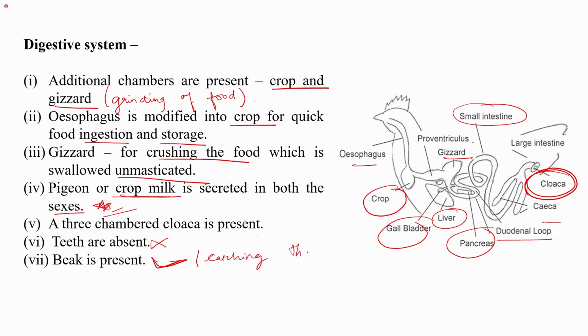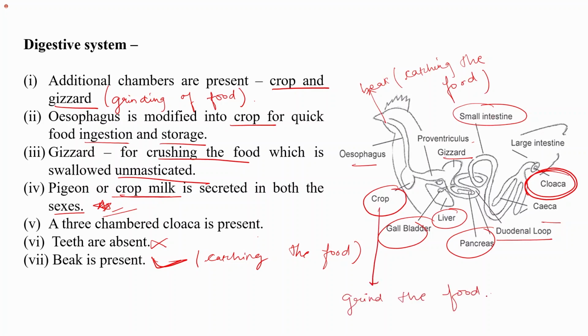Right? So this beak helps in catching the food. The function of gizzard is to crush the food.